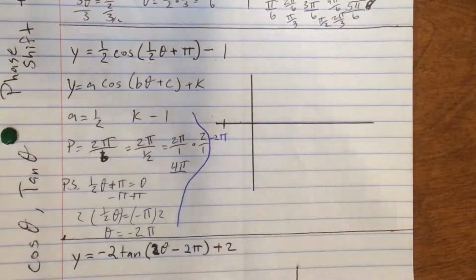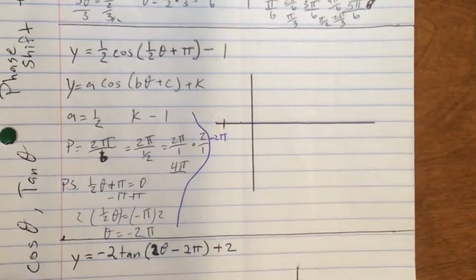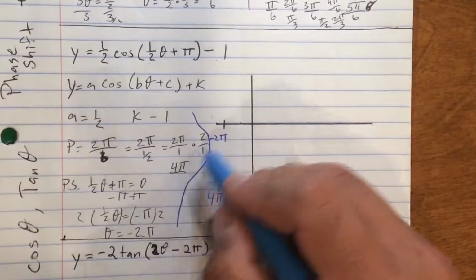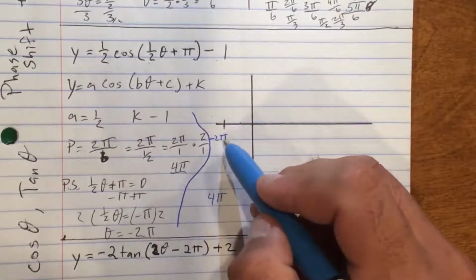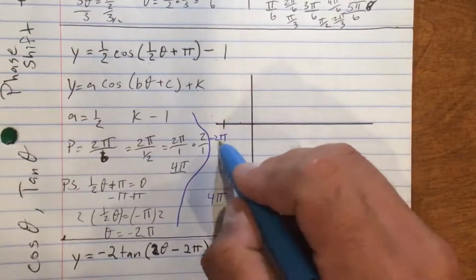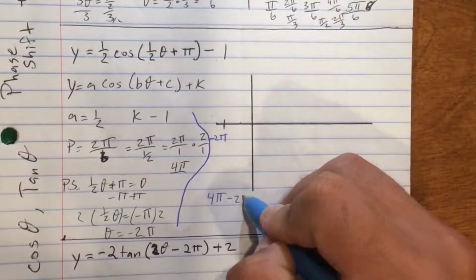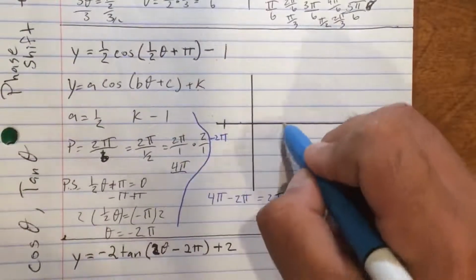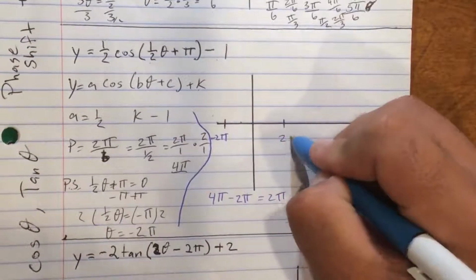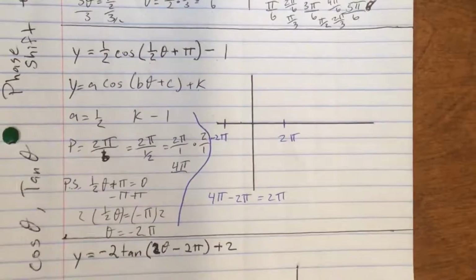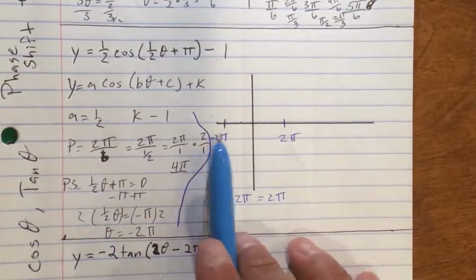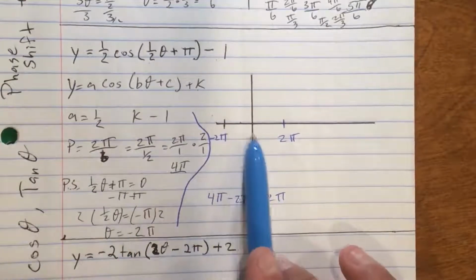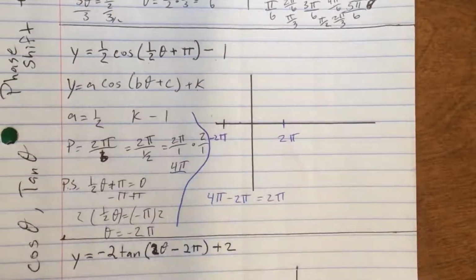And then once again, we're going to get our period, which was 4 pi, and add it to our new starting point. Then we're going to get 2 pi. So this is actually going to stop here at 2 pi as well. So we have our start and our stop because this is 4 pi, which is our period. And we have our phase shift, which moves over 2 pi from the actual center.